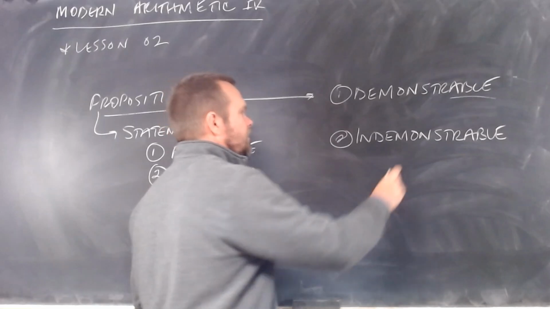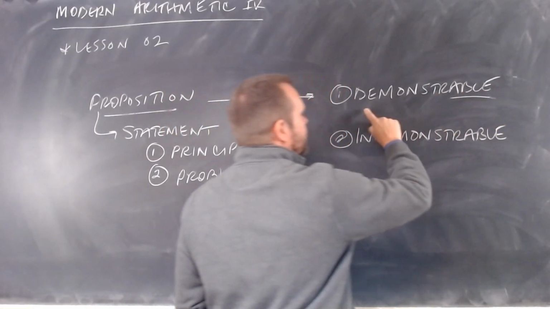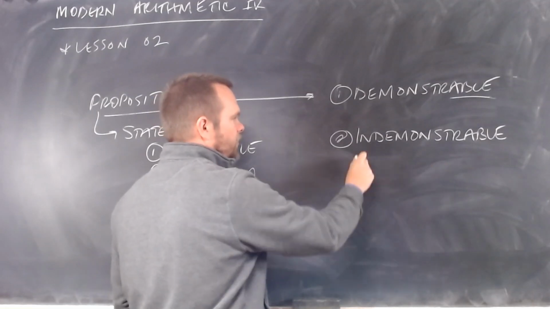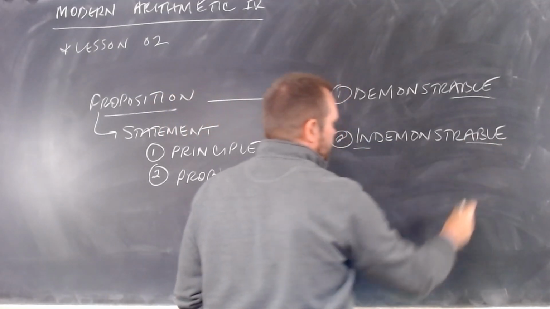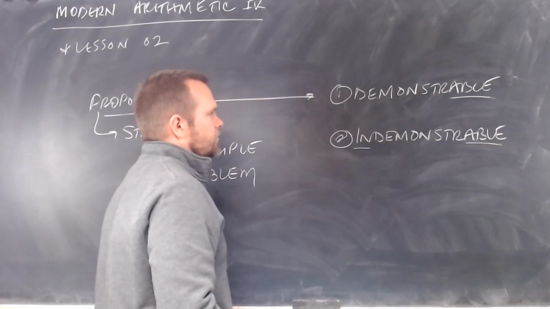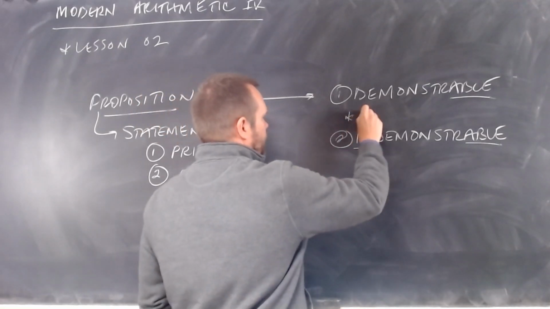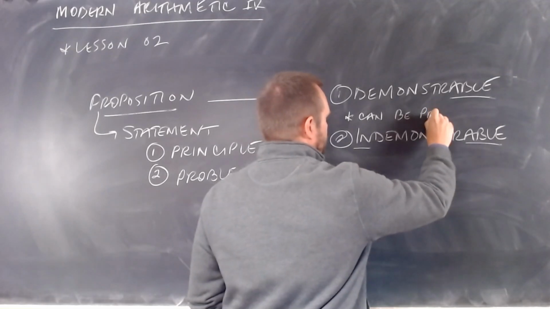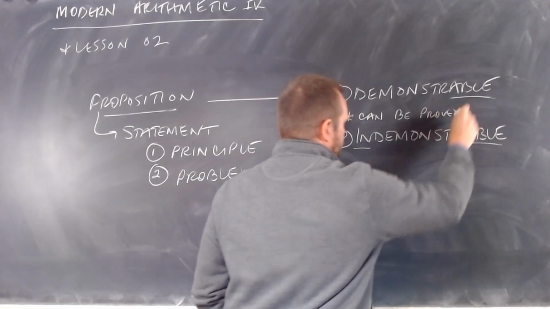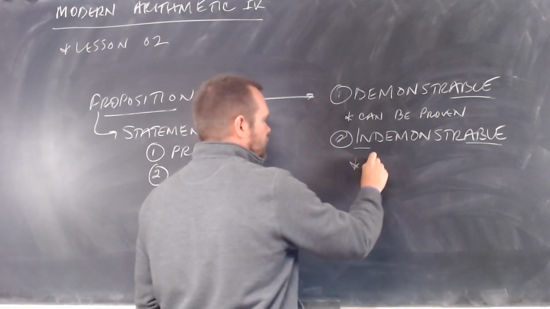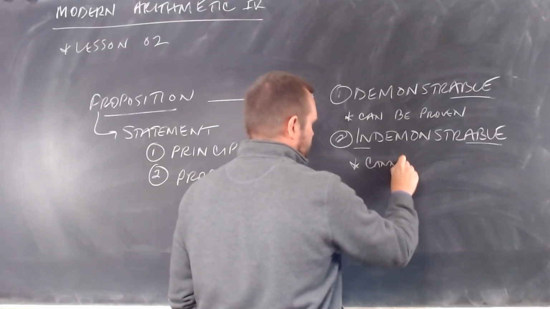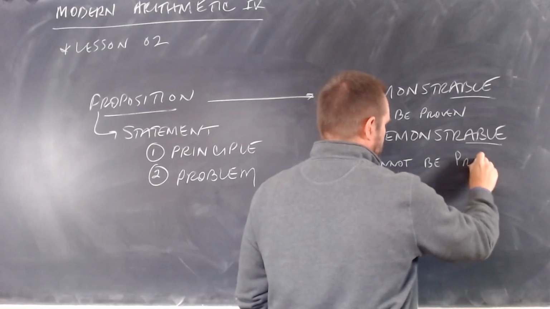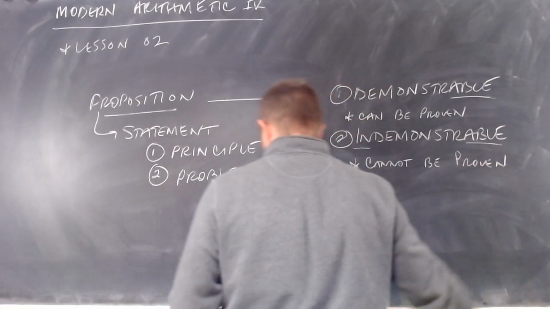Demonstrable propositions are able to be demonstrated. Indemonstrable are not able to be demonstrated. Demonstrable can be proven. Indemonstrable cannot be proven.